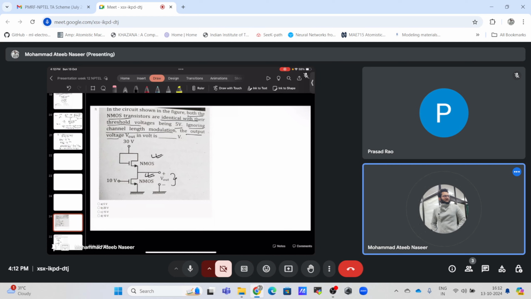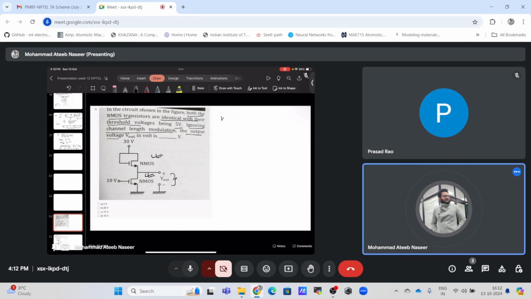This MOSFET is clearly in saturation, so the current has to be the same for both. The other MOSFET also needs to be in saturation.